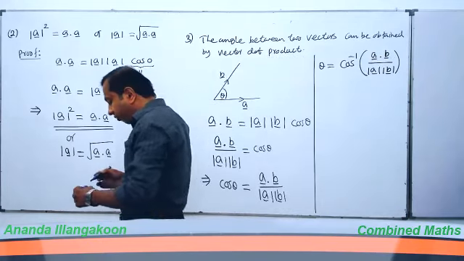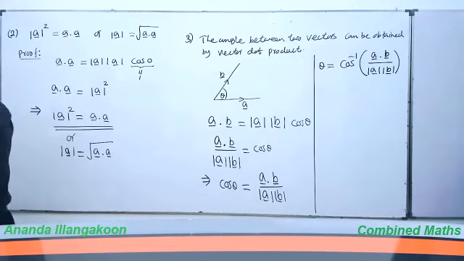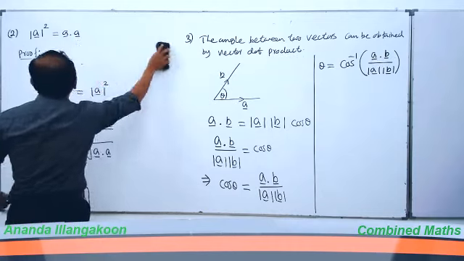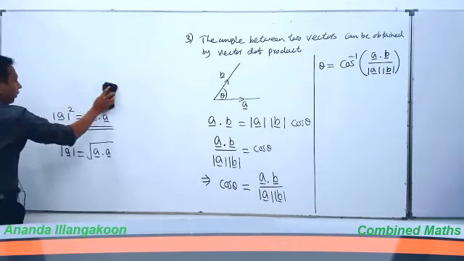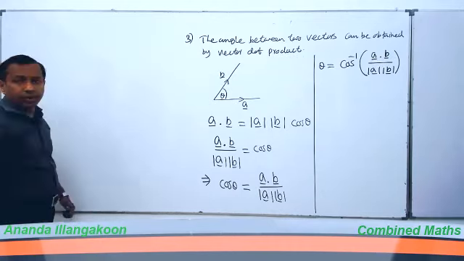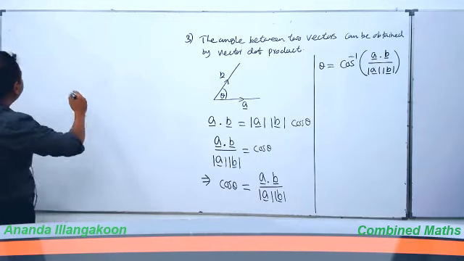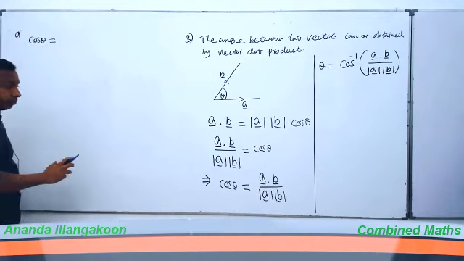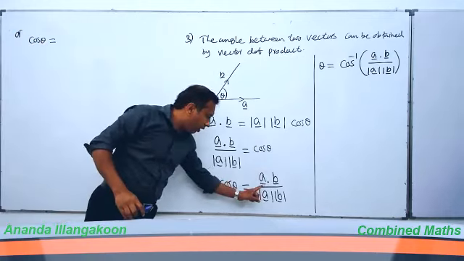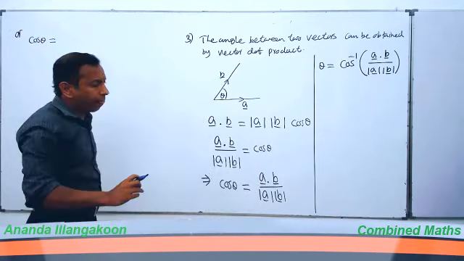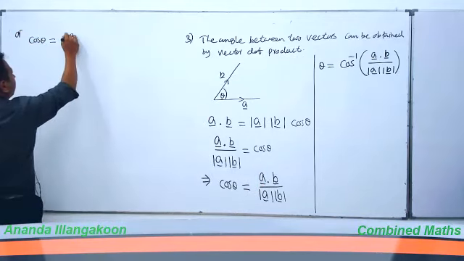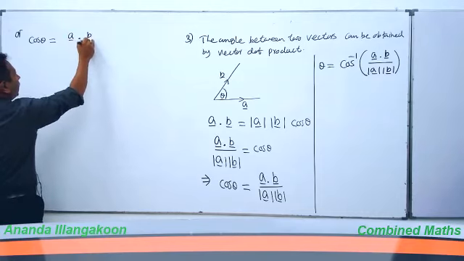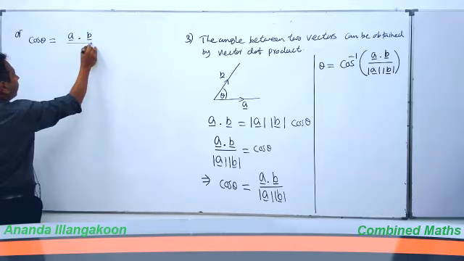The same thing we can write: cos theta equals A dot B divided by mod A times mod B.